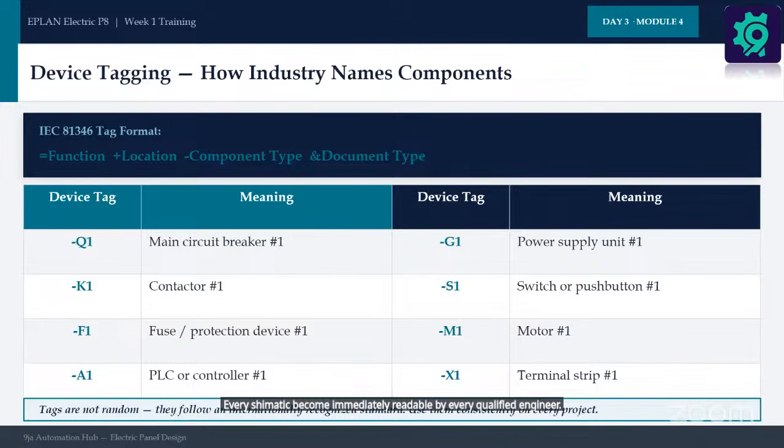For example, the tag KM1 on a schematic from a German company will mean the same thing as KM1 from a Nigerian company. So using a universal language means everybody worldwide can read it and have the same understanding. And again, this is why the standard exists.